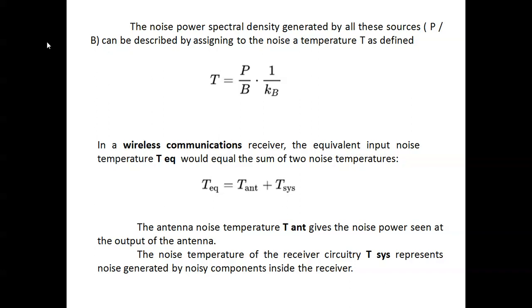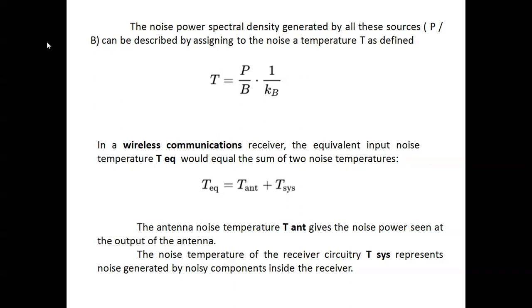What about the wireless communication receiver temperature? That means noise temperature. What is wireless communication? There is a transmitter and a receiver, and between them there is no wire. It's free space, so we call it wireless communication. For a wireless communication receiver, what is the equivalent temperature?